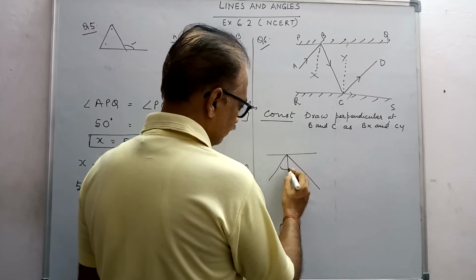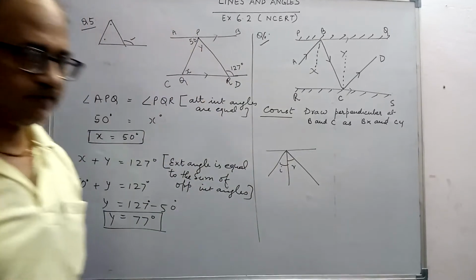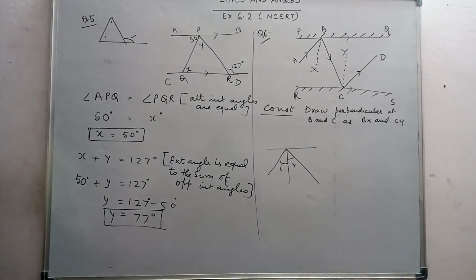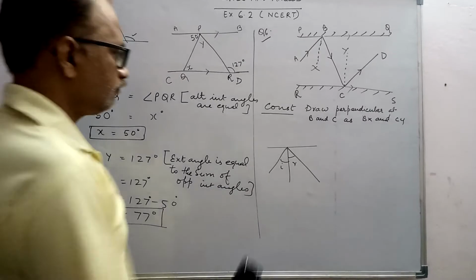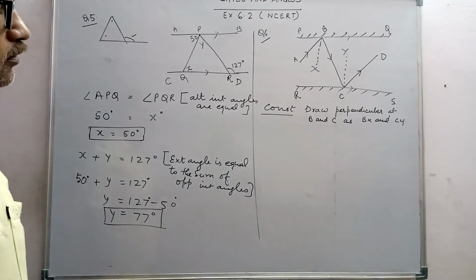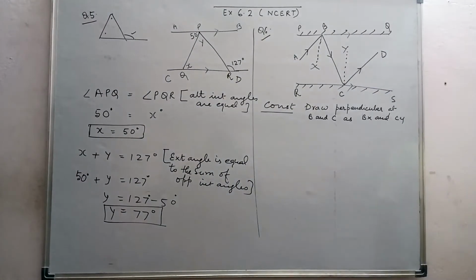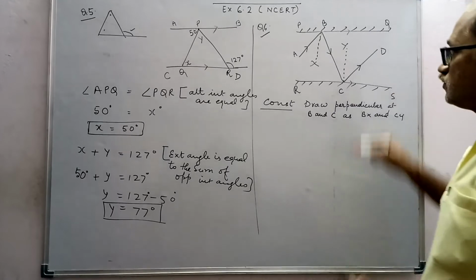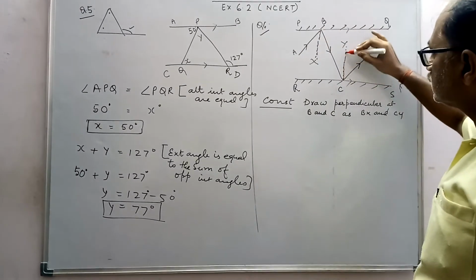So angle of incidence is equal to angle of reflection. This you have studied in physics, law of reflection. So using the same property here, you see Bx and Cy are the normals.